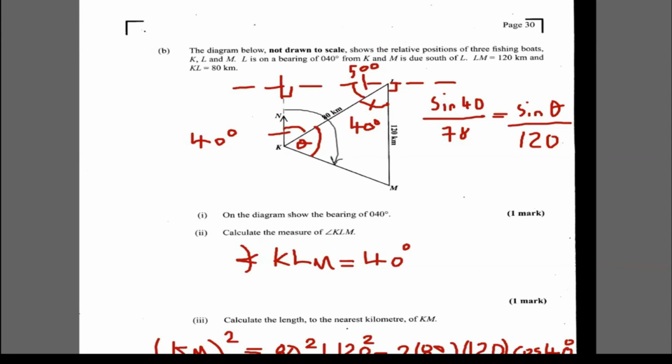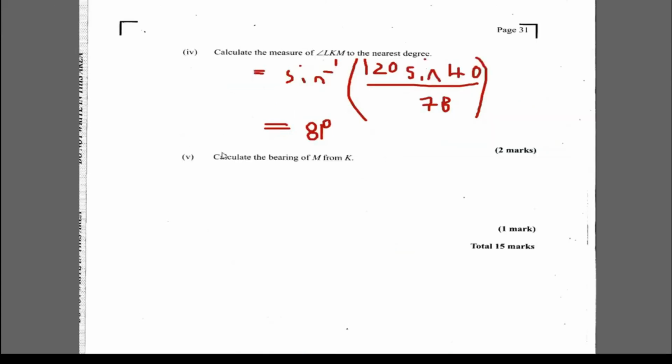The bearing of M from K is the 40 degrees plus the 81 degrees, and that's equal to 121 degrees.